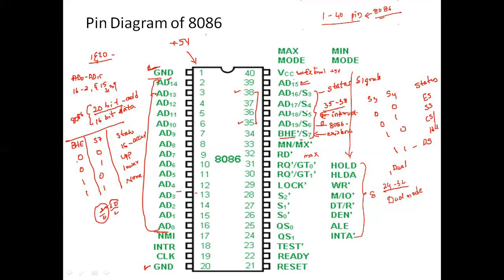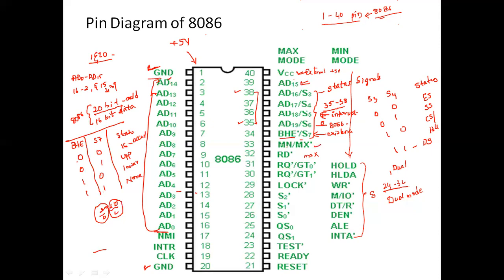If it is 1 0, only the lower byte can be accessed. If it is 1 1, nothing will be accessed. So that is the point of BHE by S7. And next comes MN and MX.